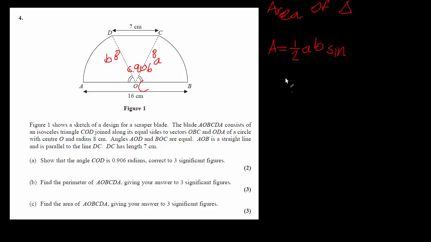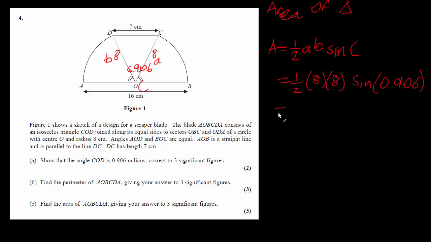So to find the area, we do a half times by A, which in this case is 8, times by B, which again is 8, multiplied by sine of the angle. So sine of 0.906.